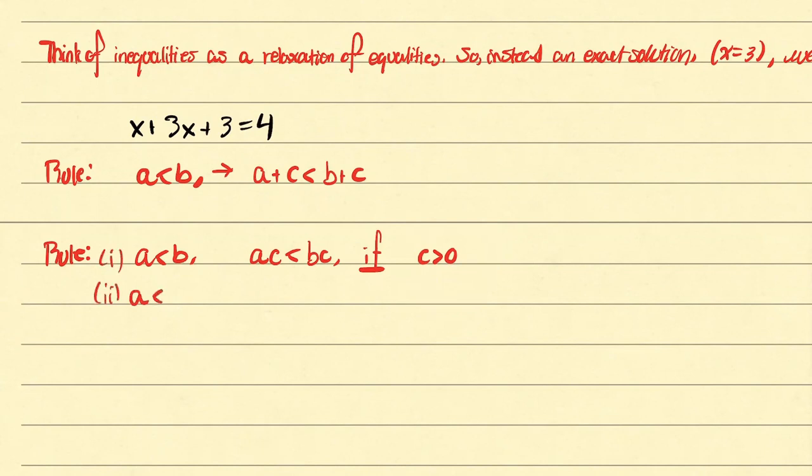But now, if I do the same thing, what will happen is the direction of the inequality flips. So this has flipped now, pointing to the other direction, if c is a negative number, that's what that means right there. c is less than 0.